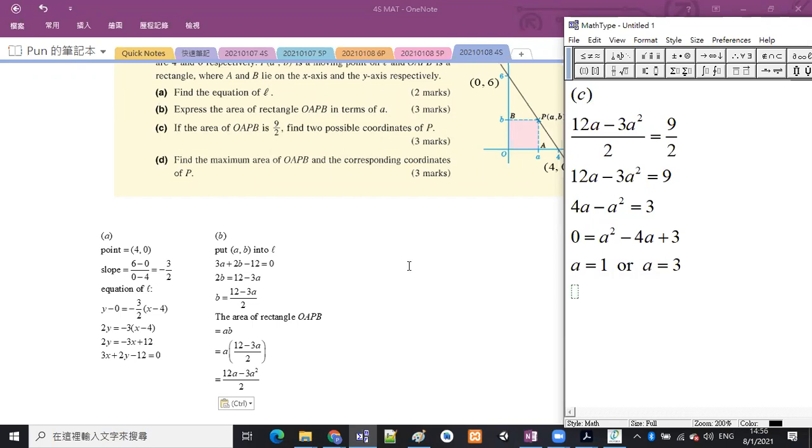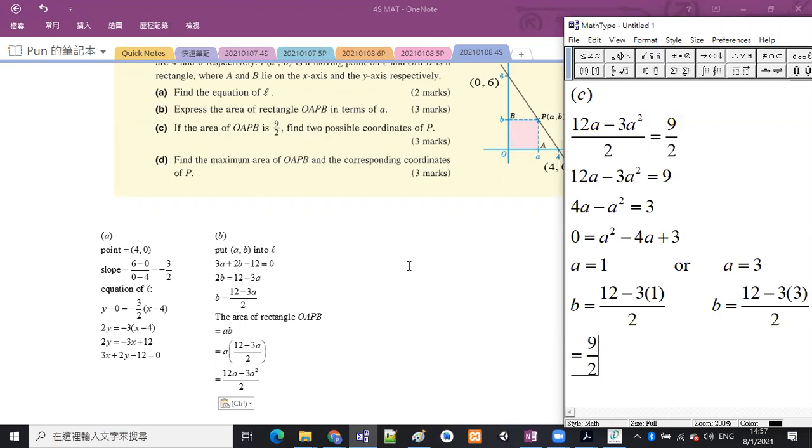But what is B? When A is equal to 1, B is calculated by 12 minus 3A over 2. Okay? And that is equal to 9 over 2. But we have the second possibility. When A is equal to 3, B is calculated by 12 minus 3 times 3 over 2.